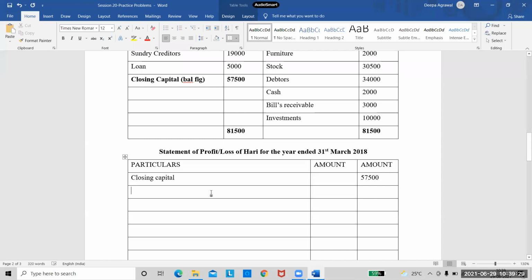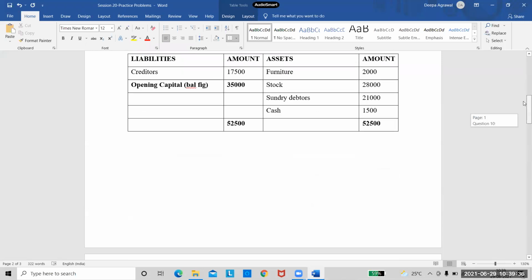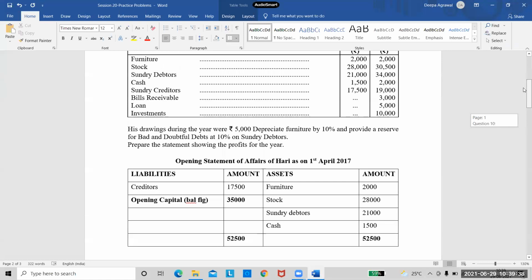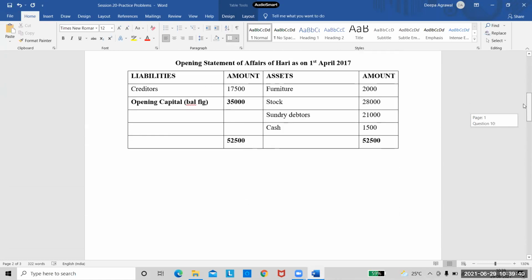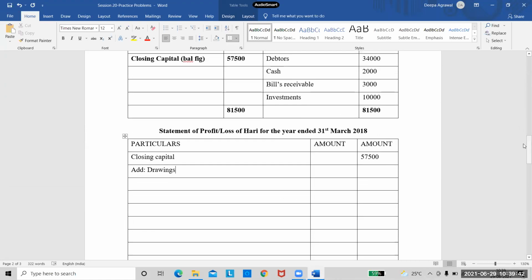To this amount, add your drawings. Drawings are given as 5,000, and there is no additional capital in this problem. So we'll take the drawings, 5,000, and put the total. 62,500 is the total.